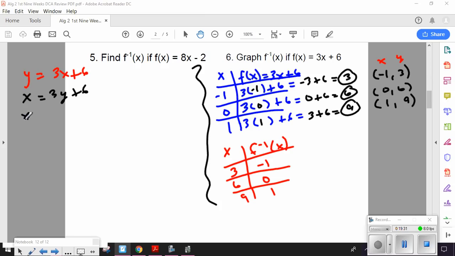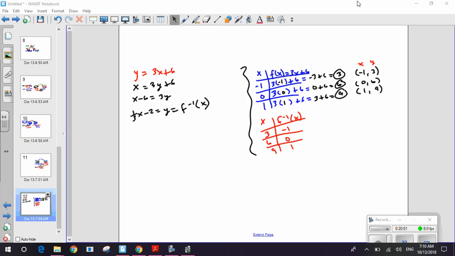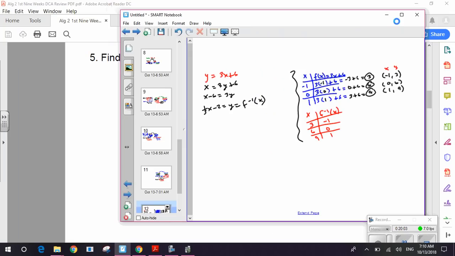So subtract 6, divide by 3. I know I did that fast, but these are some things that should just roll off your tongue and come fast for you as well. So now I have these two equations. Let's graph them in our calculators and demonstrate why these work as they do.